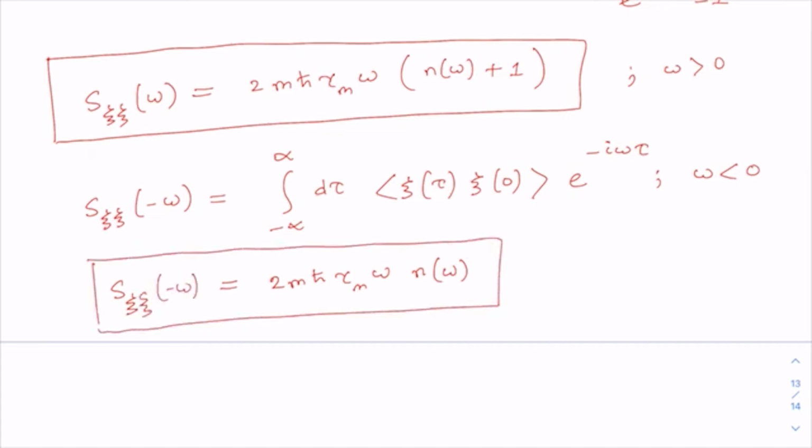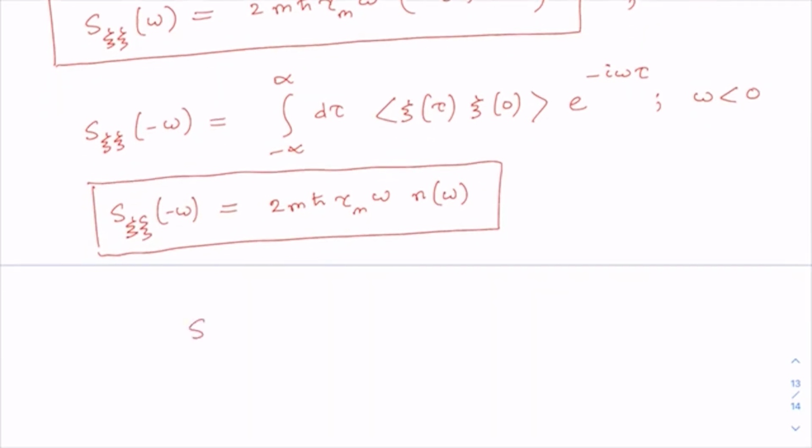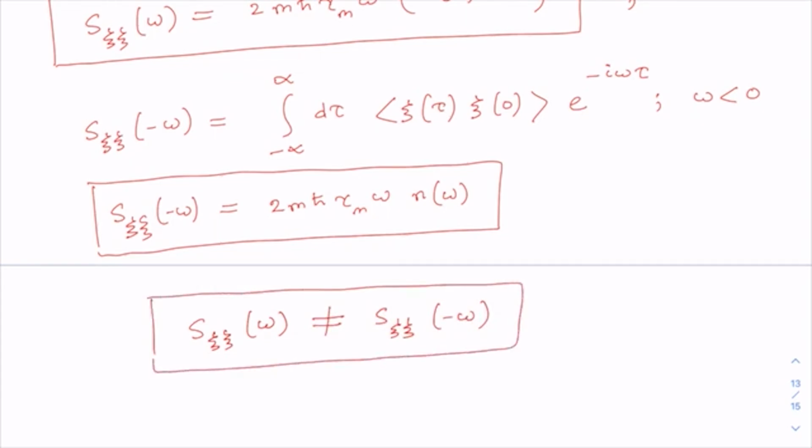So it is clear that this spectral noise density in the quantum regime is not symmetric. This is the first thing we obtained that is different from the classical regime. This spectral noise density function is not symmetric.